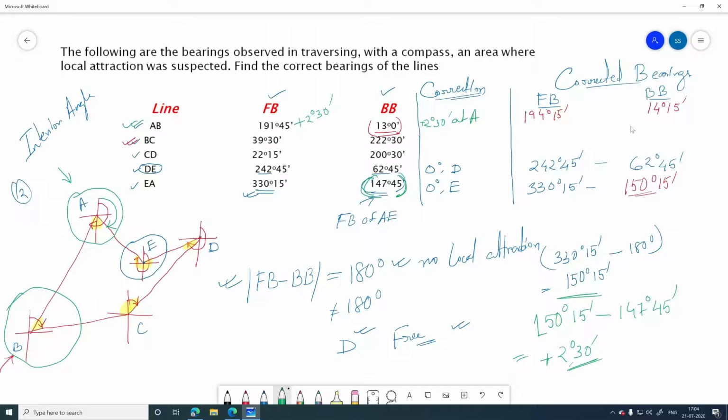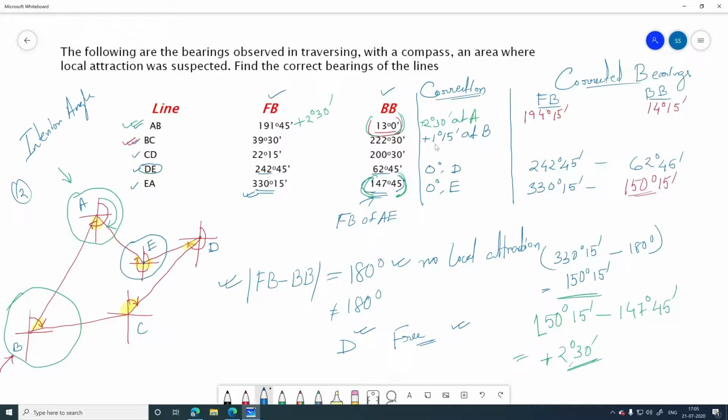That will be definitely 14 degree 15 minutes minus 13 degree, because initially we considered this value 13 degree, but our actual corrected value is 14 degree 15 minutes. So what will be the value then? Plus 1 degree 15 minutes at point B, right.